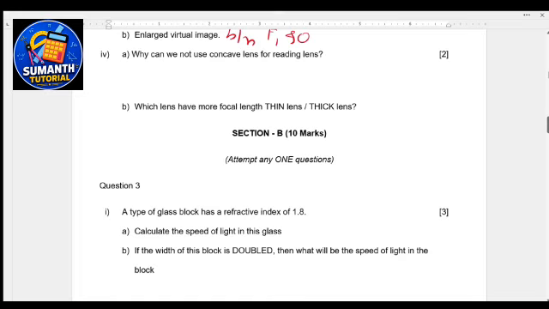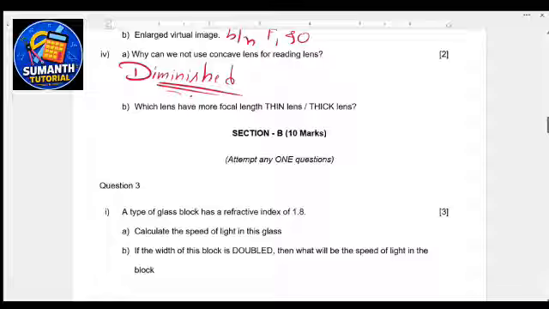So it's very clear. So what type of image size we may expect in a concave? See here it is virtual. Obviously when it is size comes it is diminished, right? The image formed is diminished. For a reading glass we need a magnified image, isn't it?